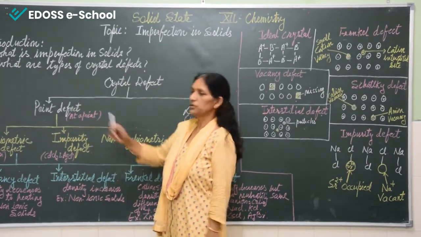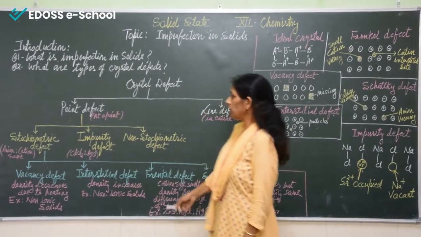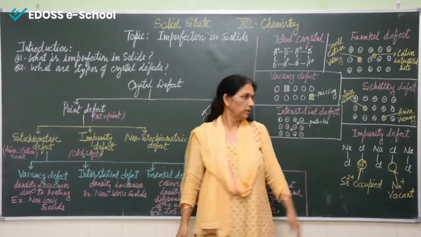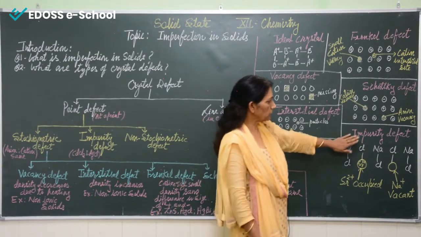Now coming to the second type of defect, that is impurity defect. Now to understand this impurity defect, again this is the diagram you can see. Here we can see a sodium chloride crystal.